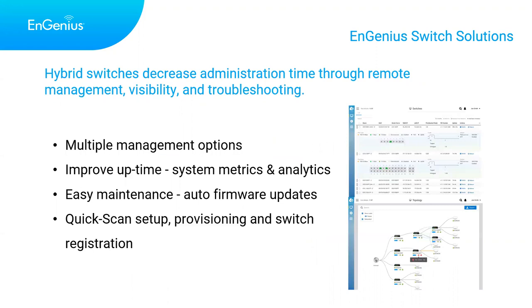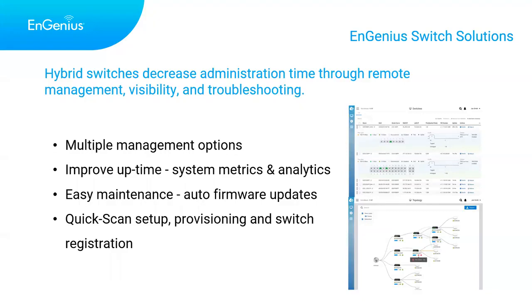So these switches are what we call hybrid switches. Hybrid switches help with decreasing administrative time through remote management, visibility, and troubleshooting. All of our cloud switches can be managed in multiple ways. The switches can act as a layer 2 multi-gig switch, 10 gig switch, or just a normal gig switch, and they can be deployed into any network.